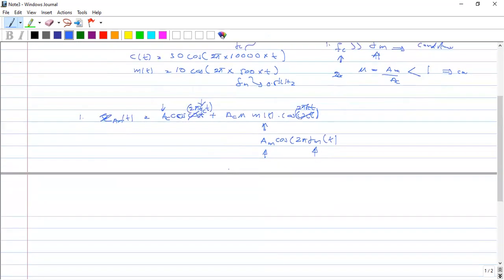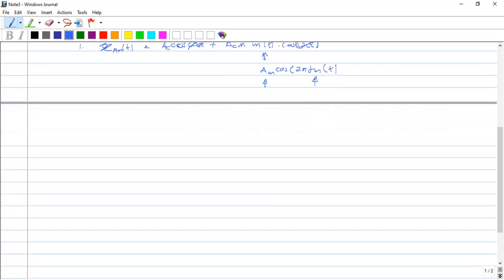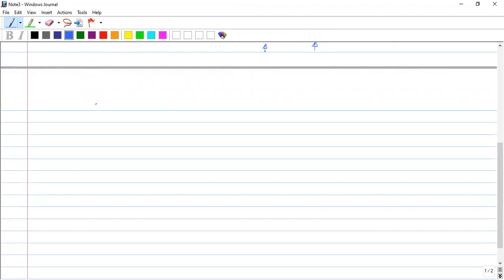If I substitute this sinusoid for MT, I get the total AM signal as AC cos 25 FCT plus AC mu AM cos 25 FMT cos 25 FCT.